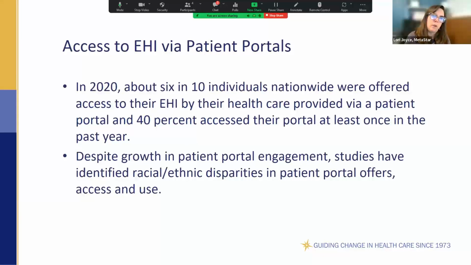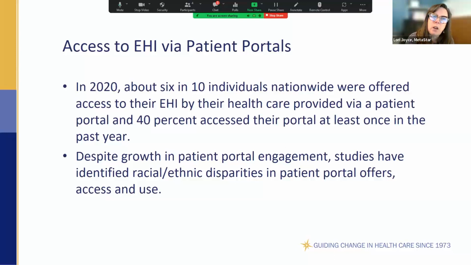And overall, about 40% of those offered a portal viewed it at least once in that 12-month period. However, despite the growth in portal engagement, I remember back in the meaningful use days, we were struggling just to get to 20%. And for many clinics, that was a barrier. It just wasn't going to happen.